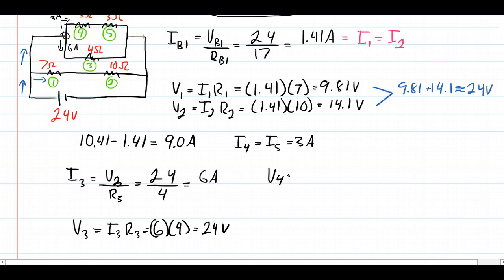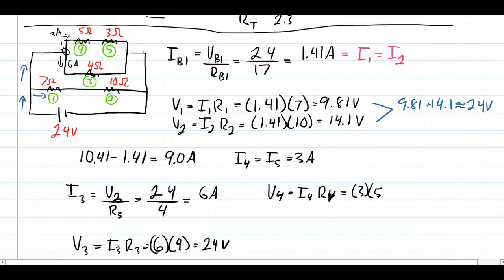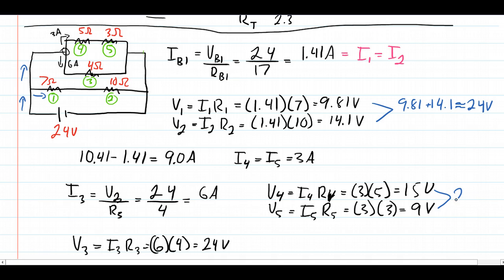So the voltage across 4 will equal I4 times R4, which will be 3 times 5, which will give us 15 volts. And then V5 is just going to be I5 times R5, which will give us 3 times 3, which is 9 volts. And so again, we can double check ourselves by adding these two together, and we should get 24 volts because that is a closed loop around the circuit.